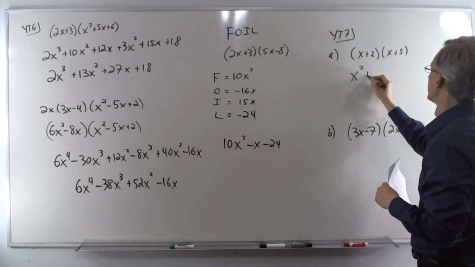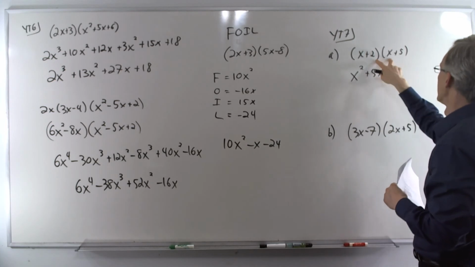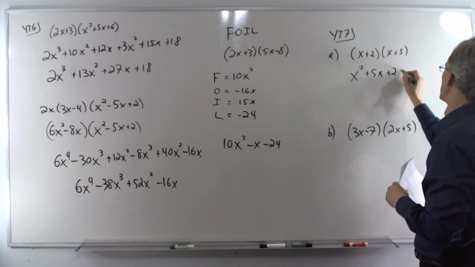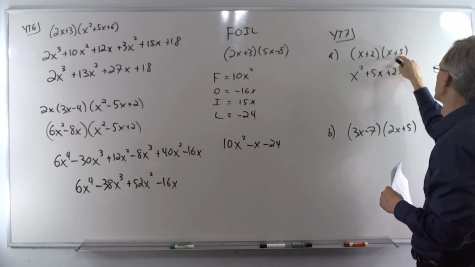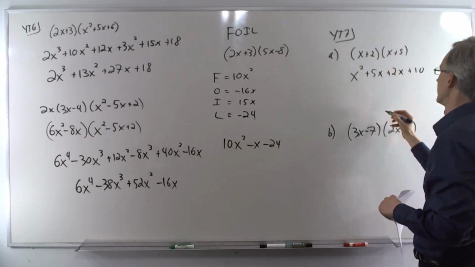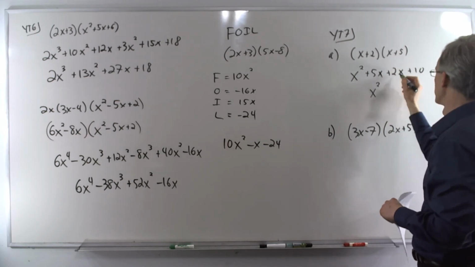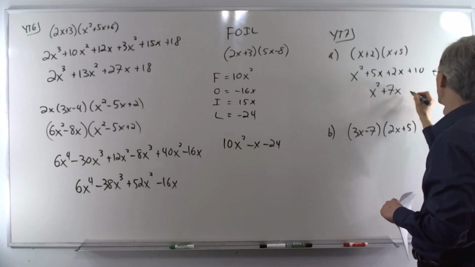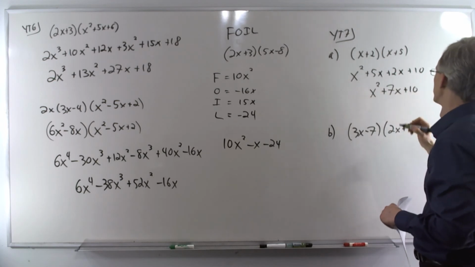Outside, 5 times x, that is 5x. Inside, 2 times x, that is 2x. And last, 2 times 5, so that's 10. So we have x squared. Combine the two like terms in the middle, 7x plus 10.